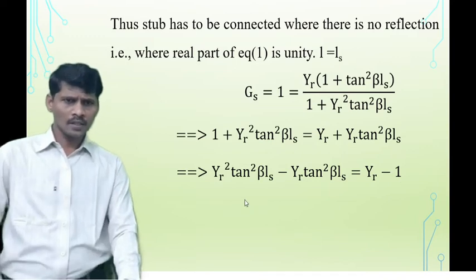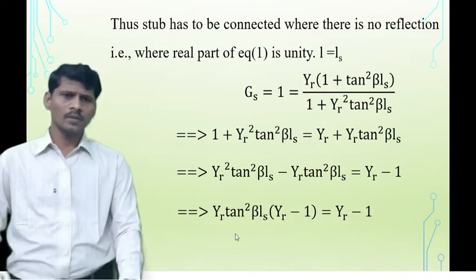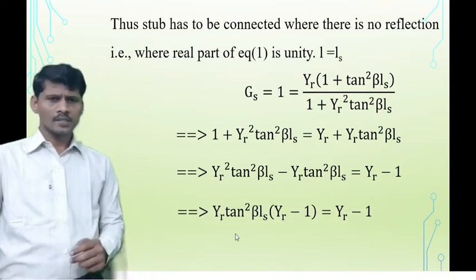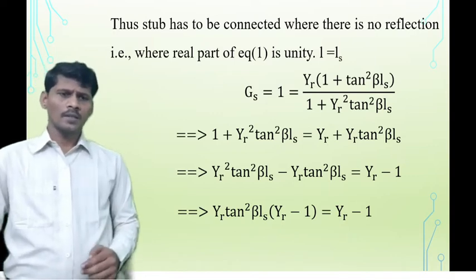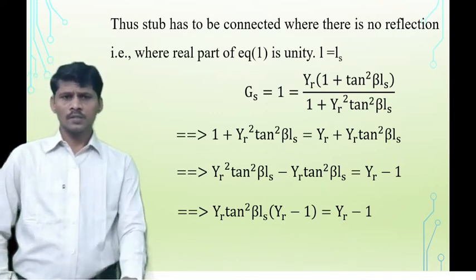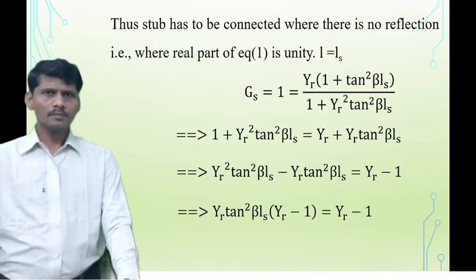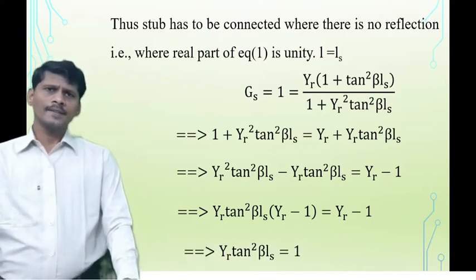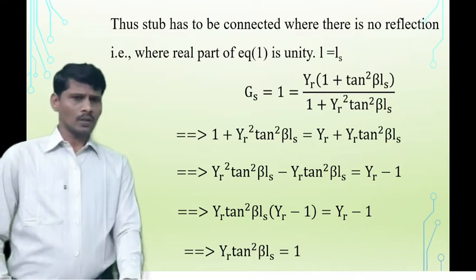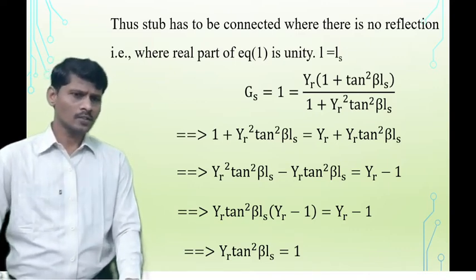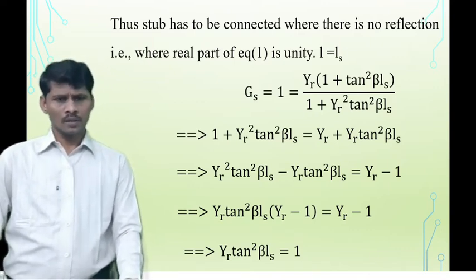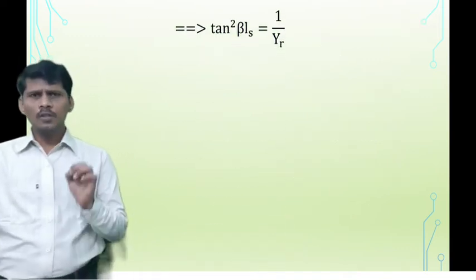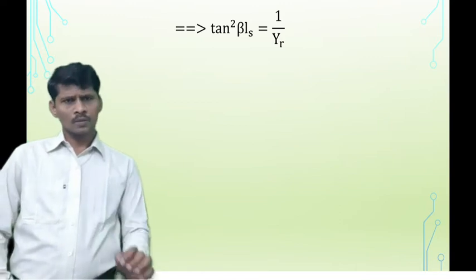On the LHS, taking Yr tan² βLs common, we get Yr tan² βLs (Yr − 1) equal to (Yr − 1). On both sides Yr − 1 cancels, so we get Yr tan² βLs equal to 1. So Yr goes to the RHS, and therefore tan² βLs is equal to 1 by Yr.